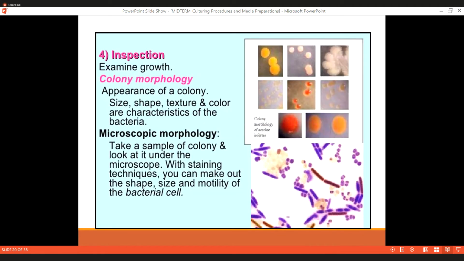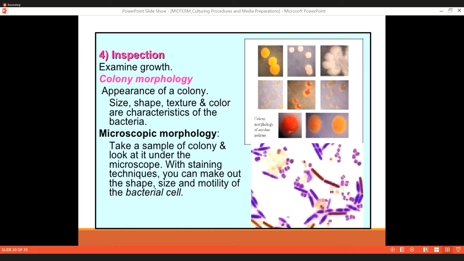So we have isolated it. What we will do now is inspect it. In inspection, you really need to examine the growth, macroscopic and microscopic.